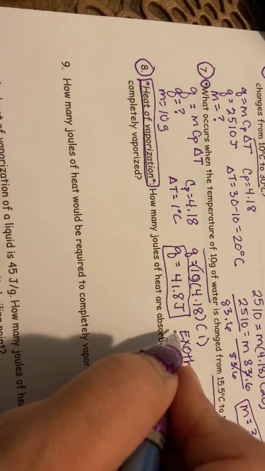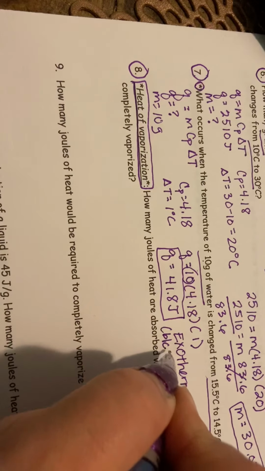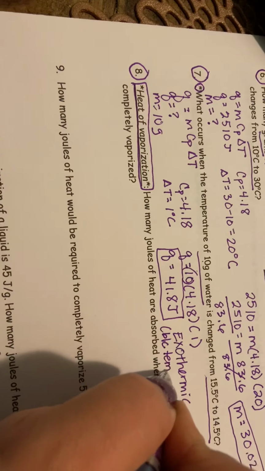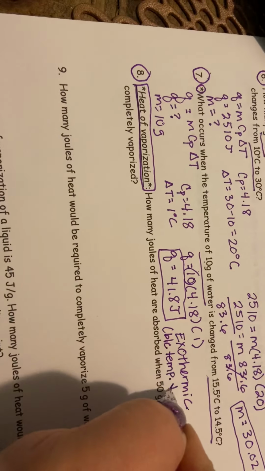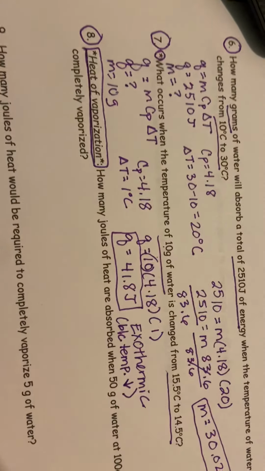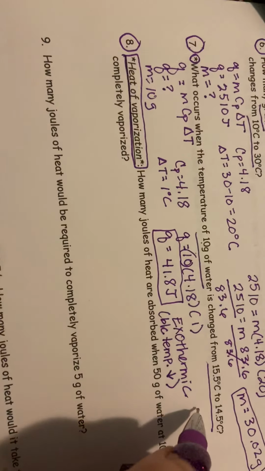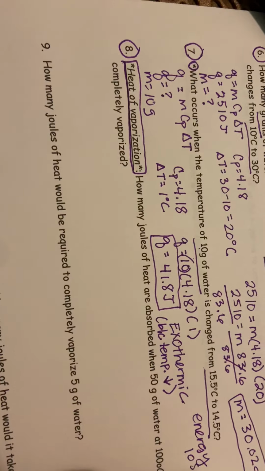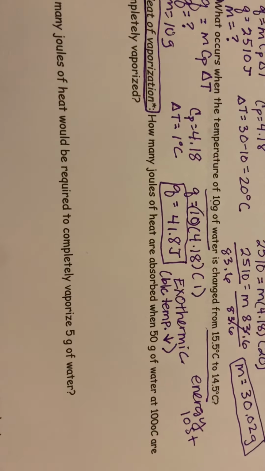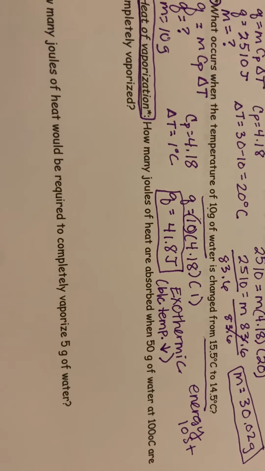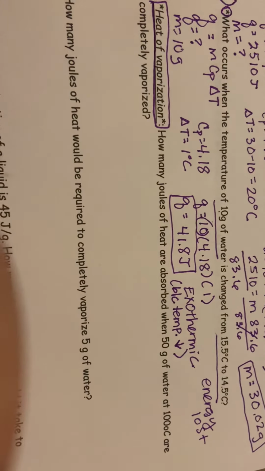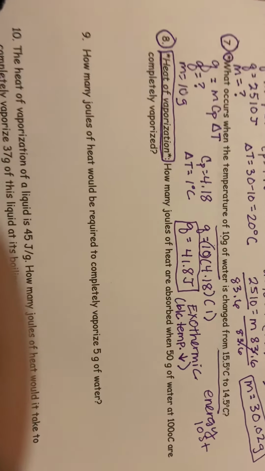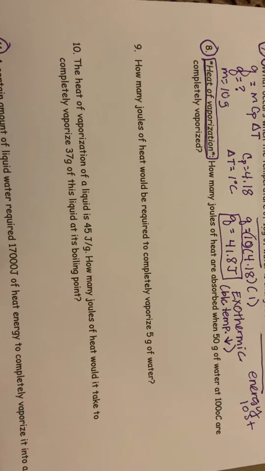So I'm right, because the temperature went down, so that technically means that energy is lost. I hope that makes sense. So if the temperature went up, then we would assume that it's endothermic, okay?